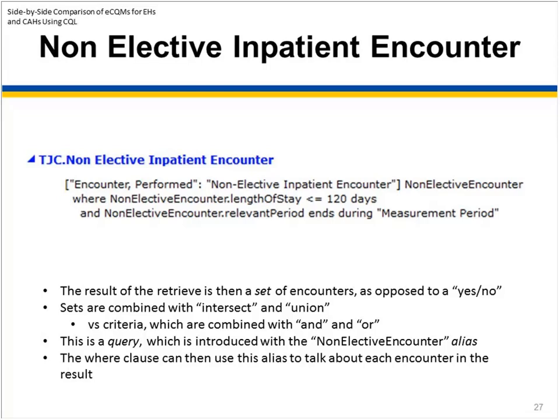So within CQL, that's an important distinction that we maintain. So this is a query, this whole construct, and we introduce a query with the non-elective encounter alias. That non-elective encounter then is an identifier that allows you to reference the properties of the source of the query. So that's how we're able to get more precise timing, for example, by being able to say which attribute we want to use to define the timing.